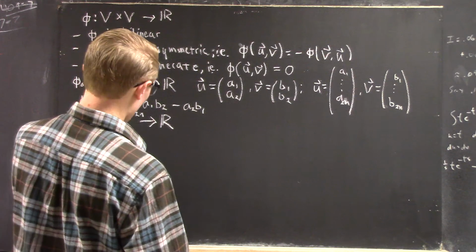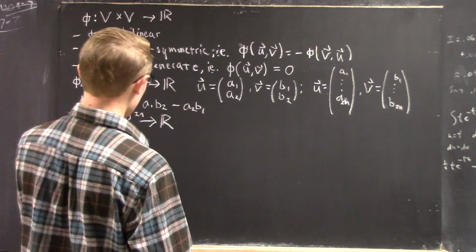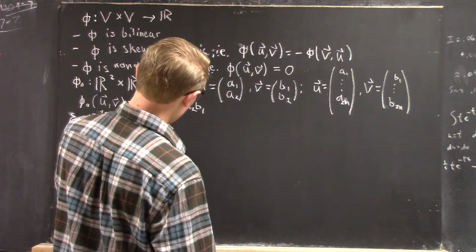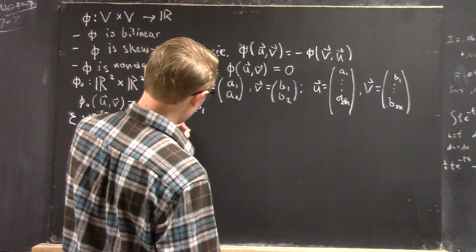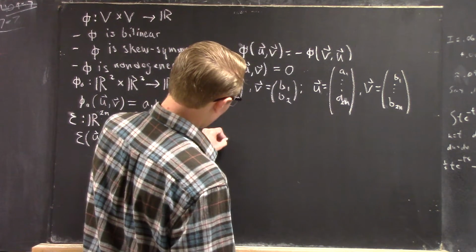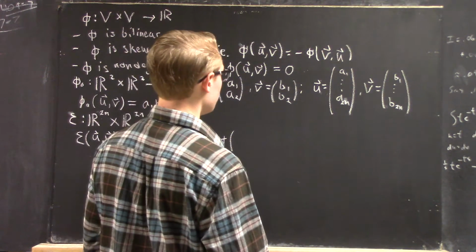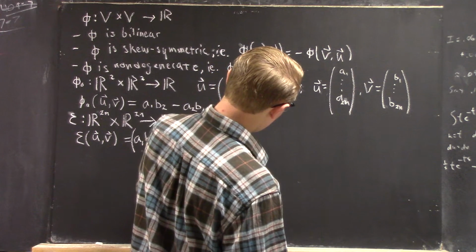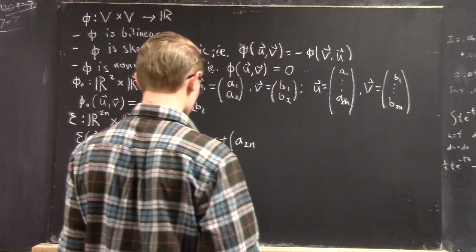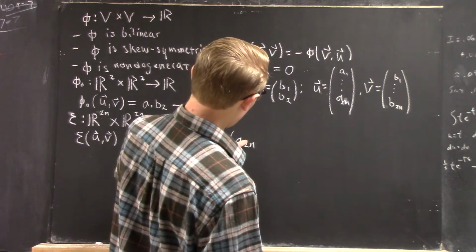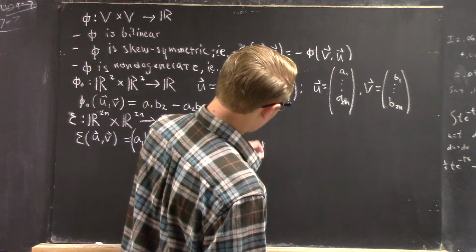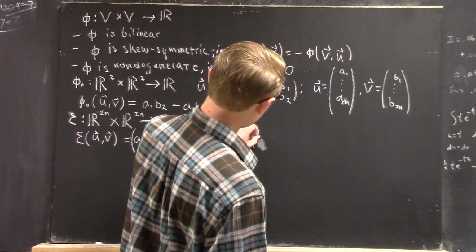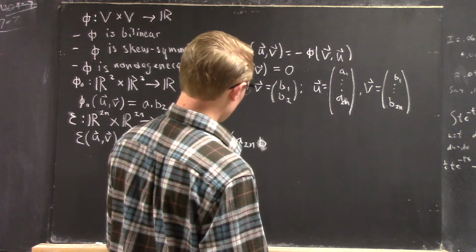Well, what we would get by generalizing this symplectic form is A1 times B2, minus A2 times B1, and so on and so forth, to A2n minus 1 times B2n, minus A2n times B2n minus 1, for this generalization.